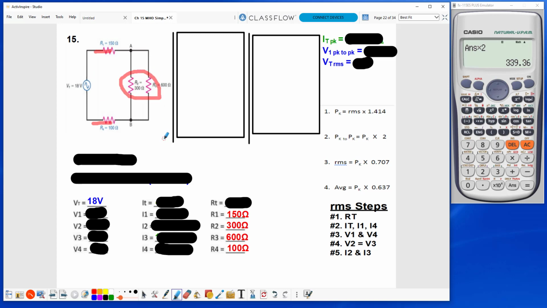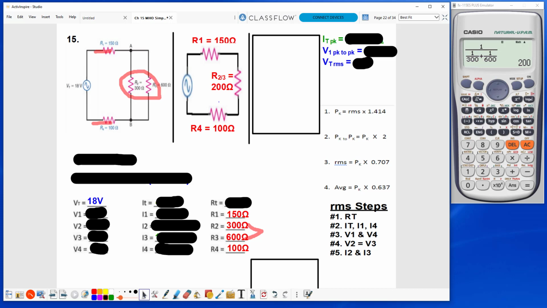So the first thing I'm going to do is take R2 and R3 and put them through the reciprocal formula because they are in parallel. 1 over (1 over 300 ohms plus 1 over 600 ohms) gives me a value of 200 ohms. R1 and R4, I'm just going to bring those straight over as they are for now.